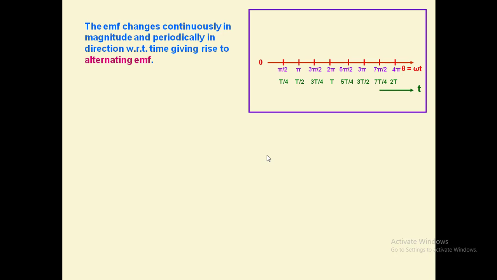Pi by 2 stands for T by 4, pi stands for T by 2, 3 pi by 2 stands for 3T by 4 and 2 pi stands for T, which we have learnt in the waves topic in class 11. That is a wave which is going to represent, and E naught, that is the highest peak, represents maximum EMF.